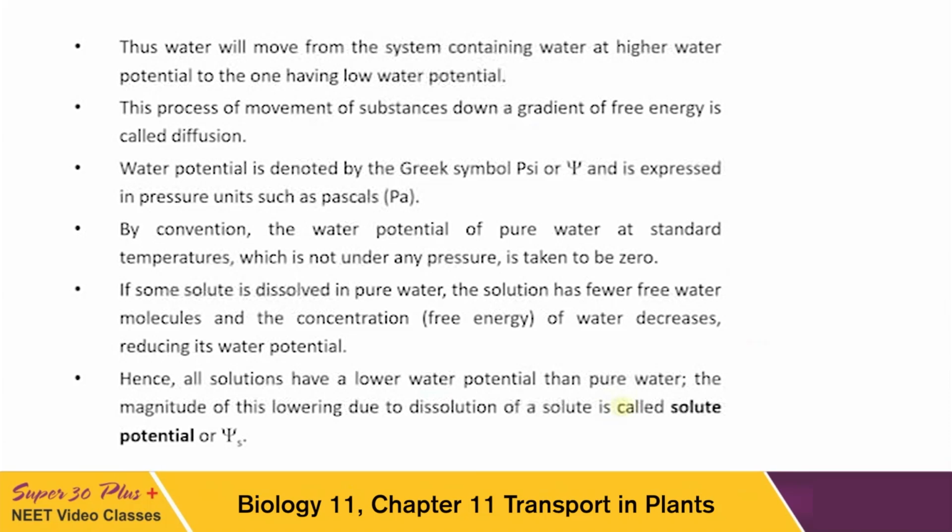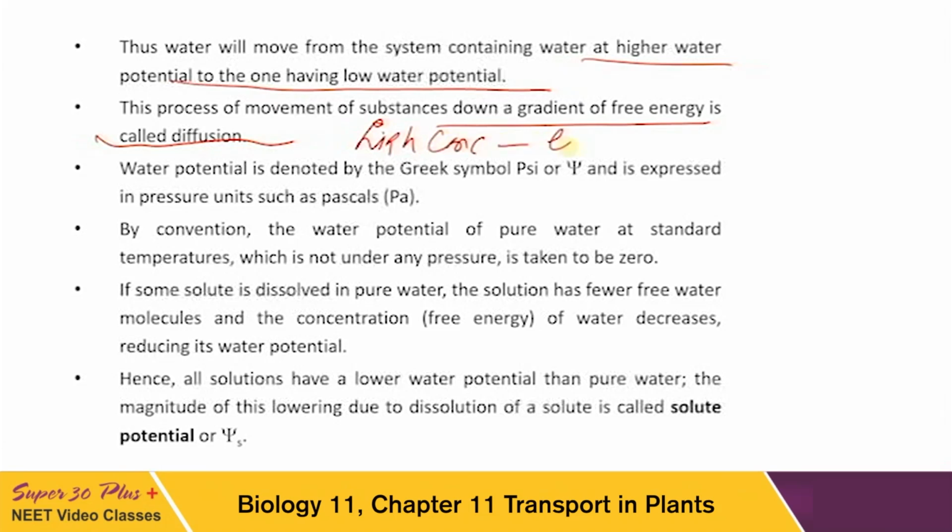The process of movement of a substance down a gradient of free energy is called diffusion. You know diffusion also, from high concentration to low concentration, but here it is in terms of energy. It is denoted by the letter psi and expressed in the unit Pascal.